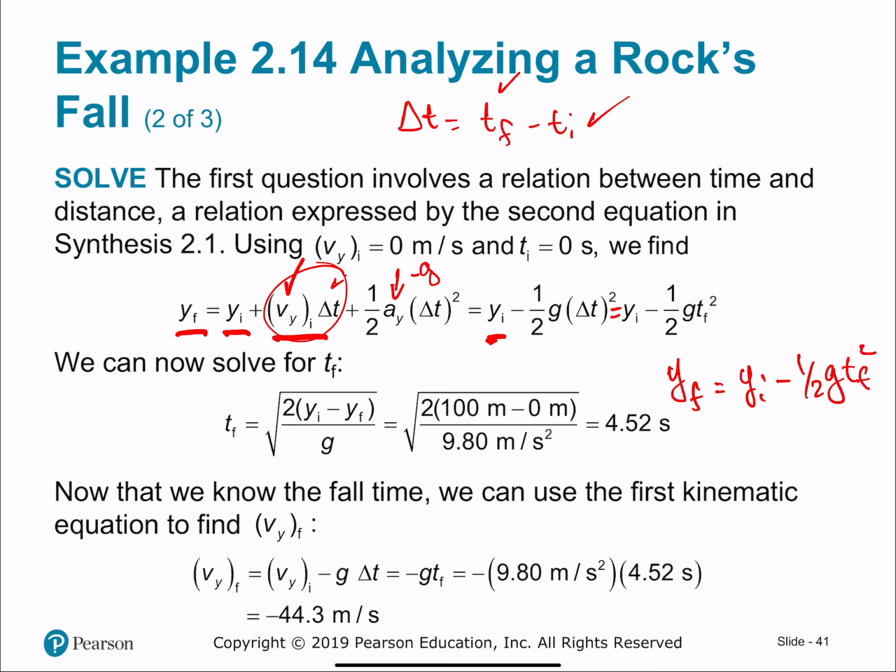So this is one thing we want to know, right? So this tf, and we know this, we know this, and we know this. So this is an equation that we can solve. We can solve for tf, and that's done here.